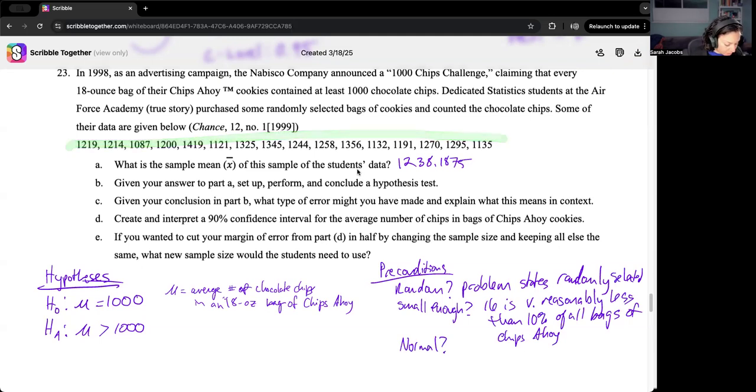I'm going to do that in my calculator. I'm going to say stat plots. So second y equals, turn that on. Actually, I'll do this as a histogram. That's fine. And then I'll do zoom 9.